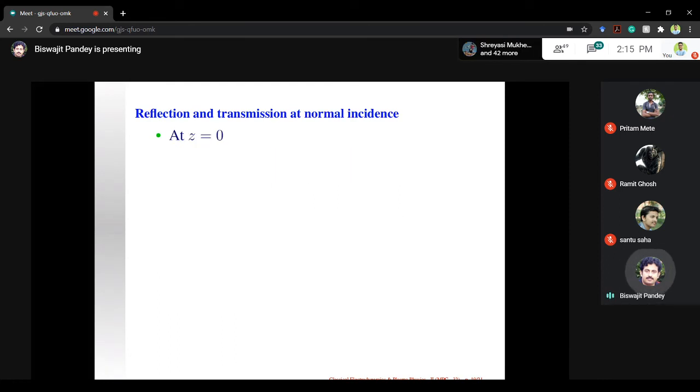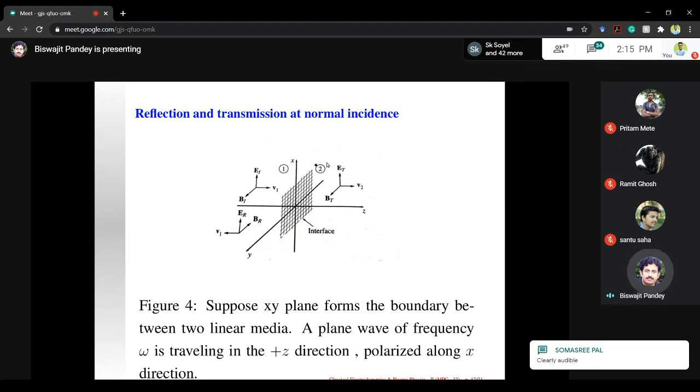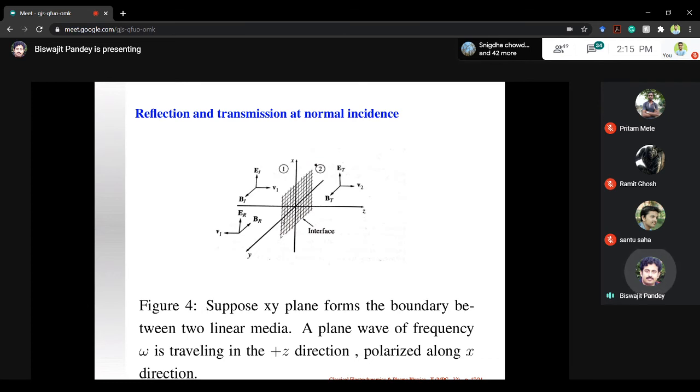This is again for simplification. You can take any value of z, but once you make z equal to 0, your life becomes simple. Suppose this xy boundary is lying at z equal to 0. It could also lie at z equal to 5, but that will only make your life complicated. So we just want to simplify.